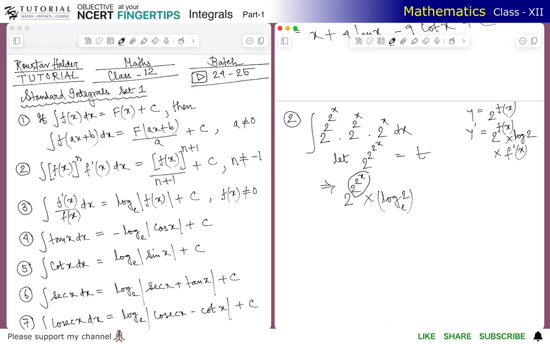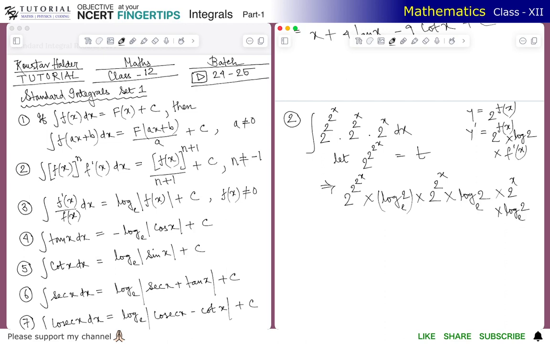When I do that, I get 2 to the power 2 to the power x multiplied by log e 2, and then again I have to differentiate this one, which becomes again 2 to the power x into log e 2.